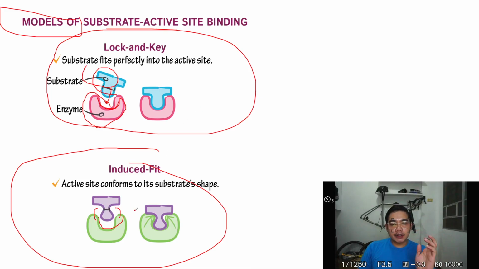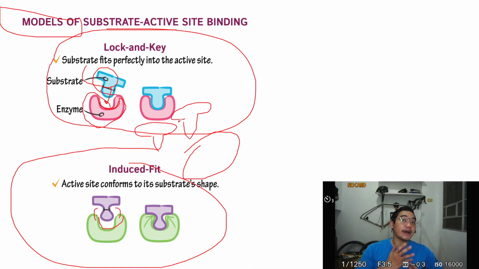So does it matter? Yes, it matters because there are enzymes that can bind different types of substrates, different types of isomers of substrates with minute variations.